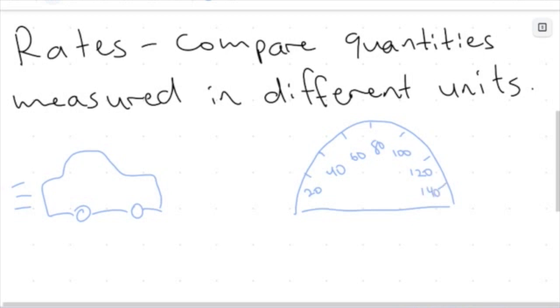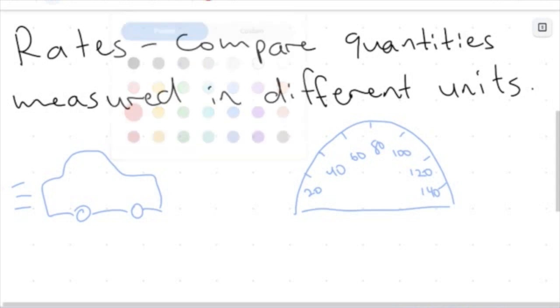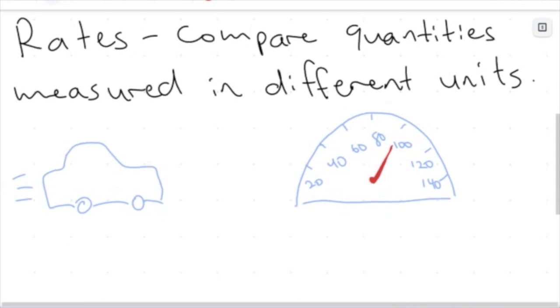And this thing measures your speed. So say I'm driving on the highway and my speedometer, my needle is over here. Now, some of you, the ones that come from, for example, Australia, where we use the metric system, we measure speed in kilometers per hour.